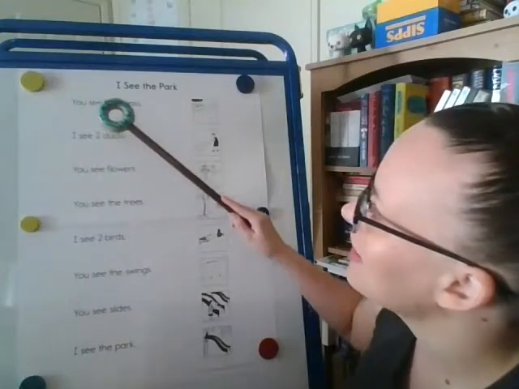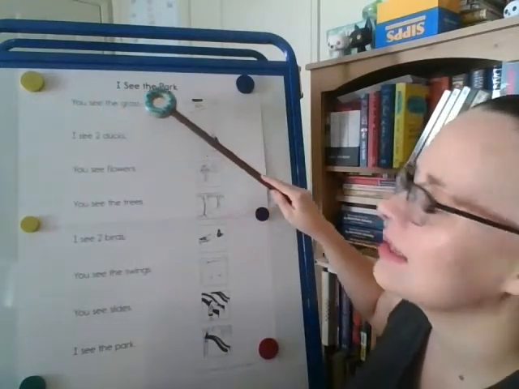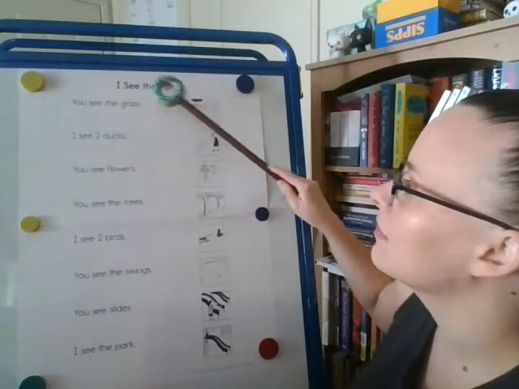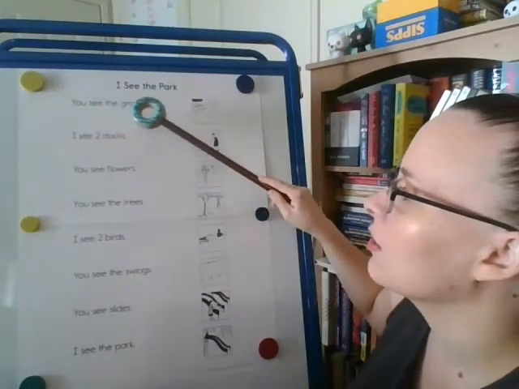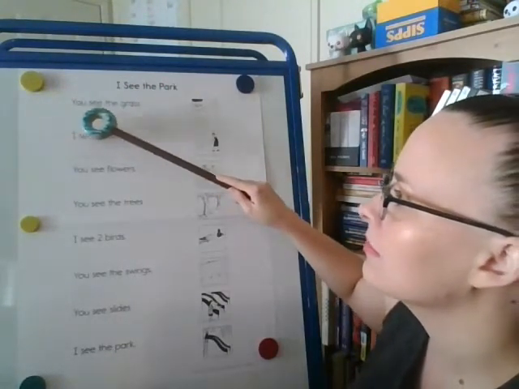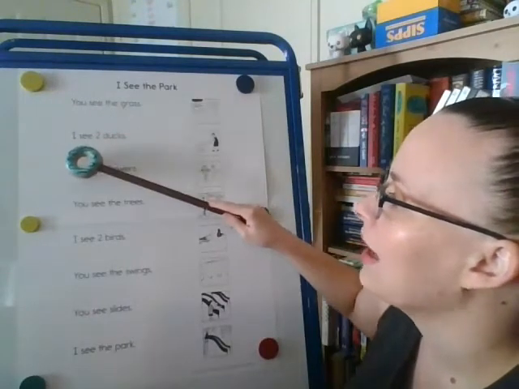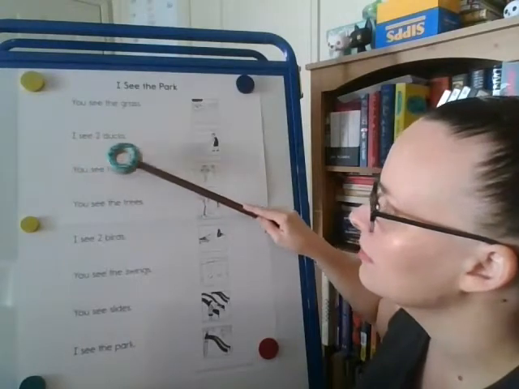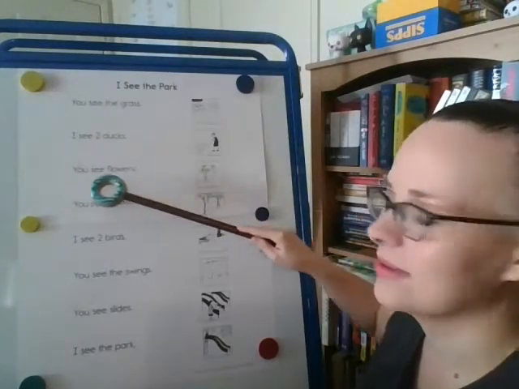Let's begin. I see the park. Read. You see the grass. Read. I see two ducks. Read. You see flowers. Read.